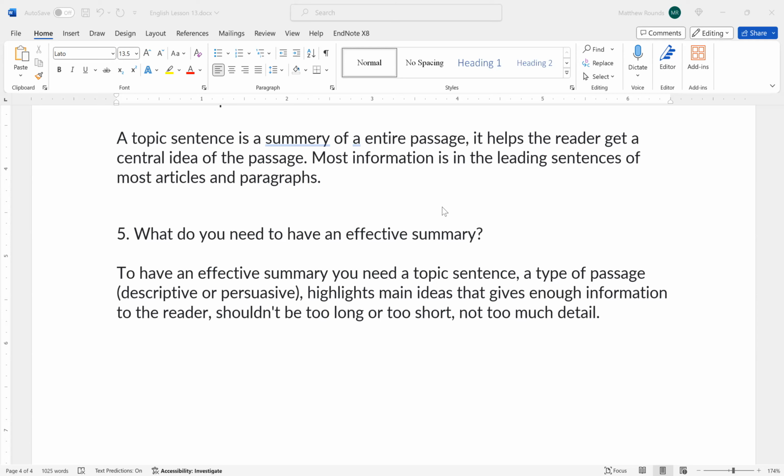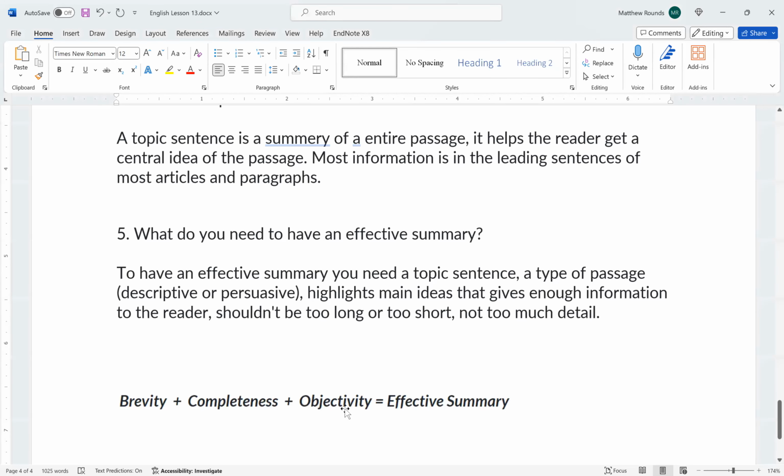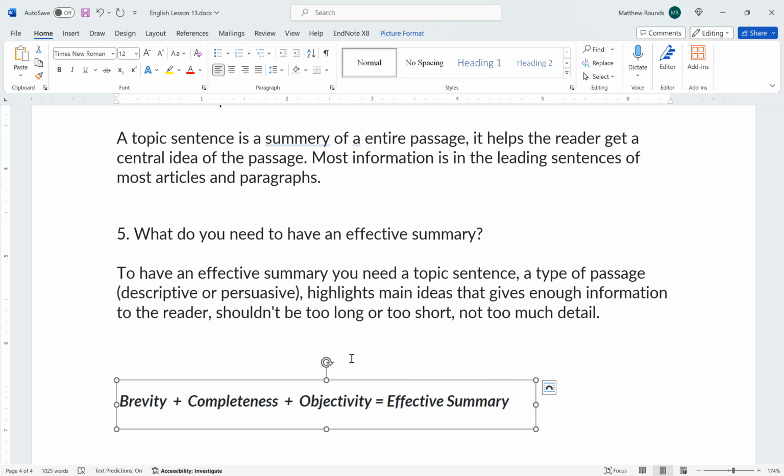So I guess your teacher wants you to, well, all right. It's not much. This is what's at the end of that section on how to write an effective summary. So I think she just wants you to add this to the end of your sentence there in a full sentence.